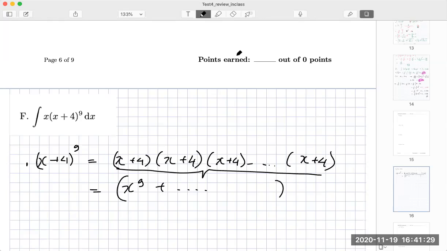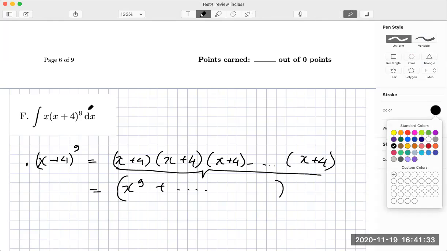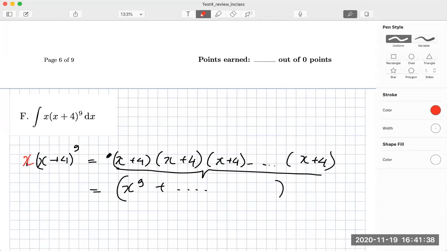And in front of that, there is a variable x. When you multiply with x, it becomes a very complicated term. It's not easy. It takes a lot of time, right? So let us try to change a variable, and hopefully it would make our life easier.